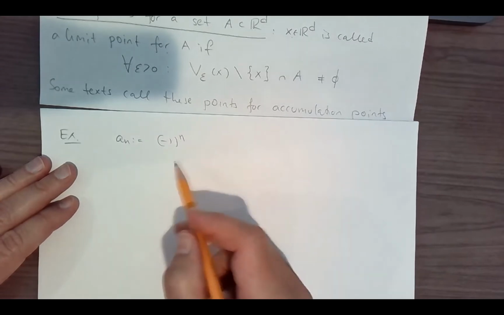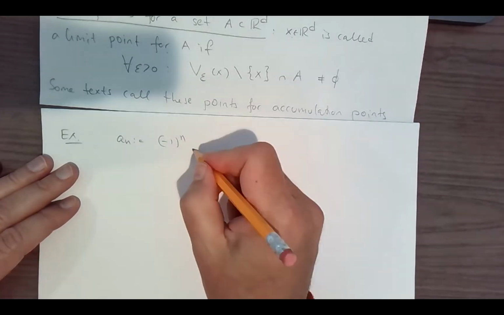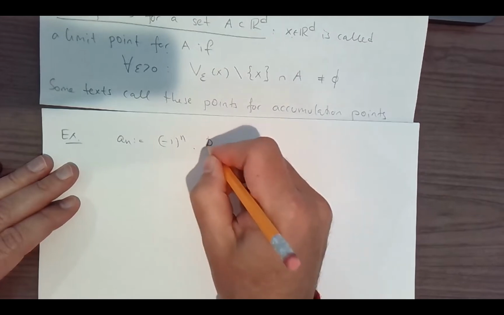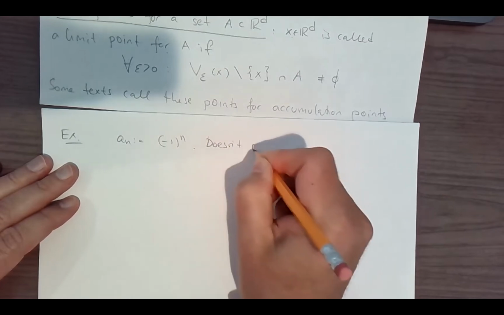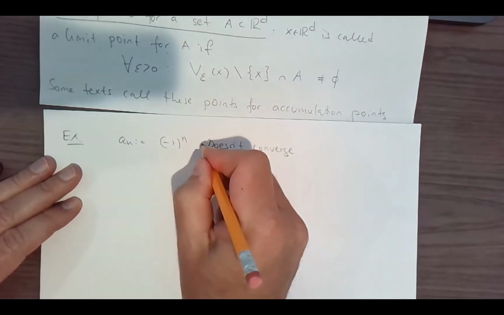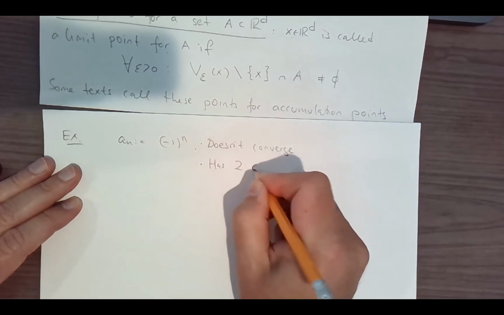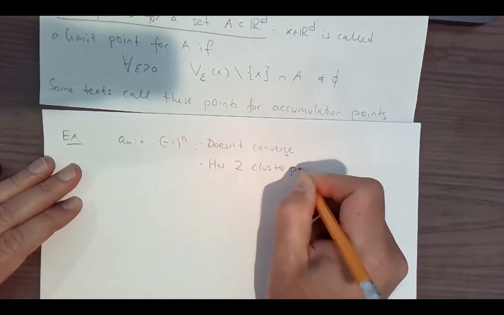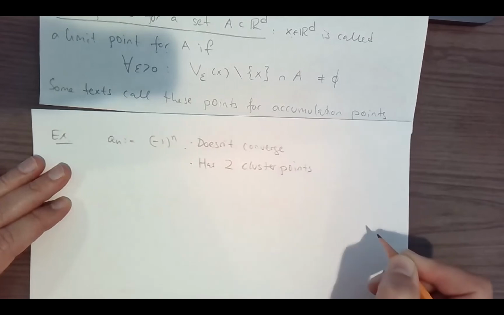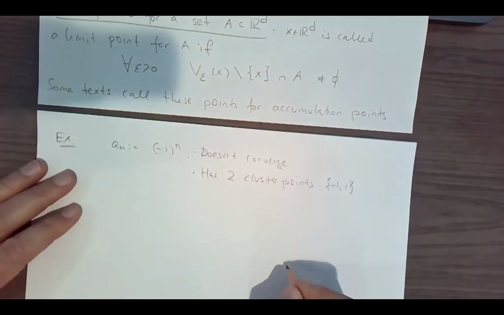This is the one that jumps between being 1 and -1. There's no limit. It does not converge. It has two cluster points, -1 and 1.